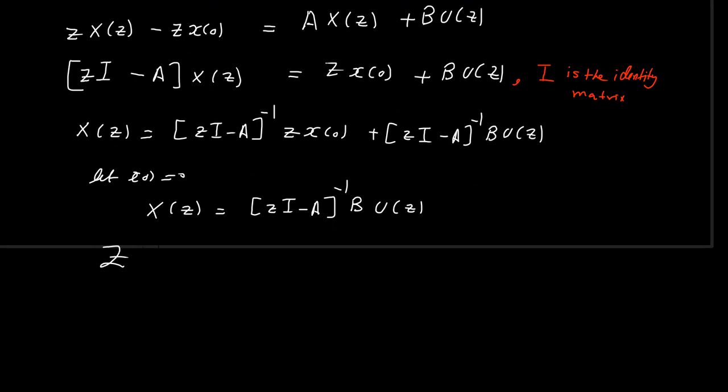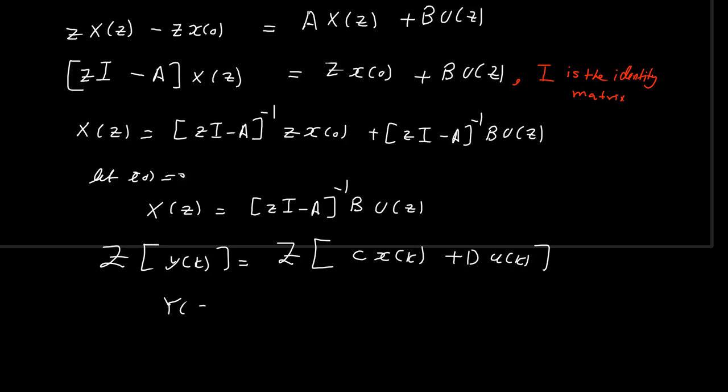So if we take the z transform for the output equation, which is the y of k, which will equal the z transform of C x of k plus D u of k, then y of z can be written as C x of z plus D u of z.